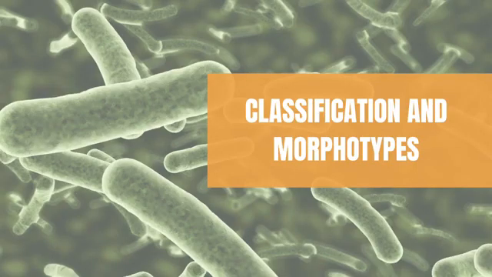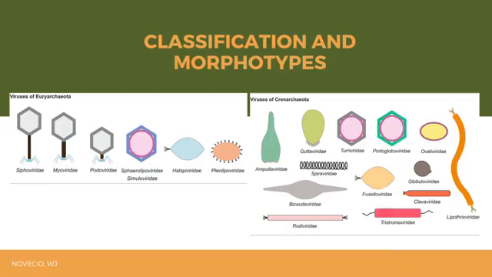And now let's proceed to the classification and morphotypes of archaeal viruses. One of the most prominent features of archaea is the extraordinary diversity of their DNA viruses. Many archaeal viruses differ substantially in morphology from bacterial and eukaryotic viruses and represent unique virus families.